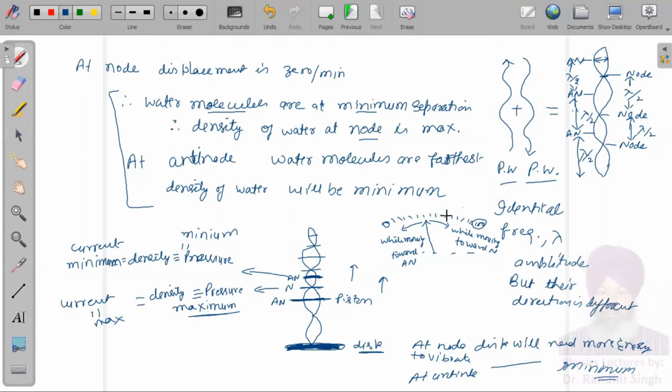Whenever current is maximum in the circuit, please remember, therefore we have made a formula that when current is maximum in the circuit, then piston position is node, and vice versa.